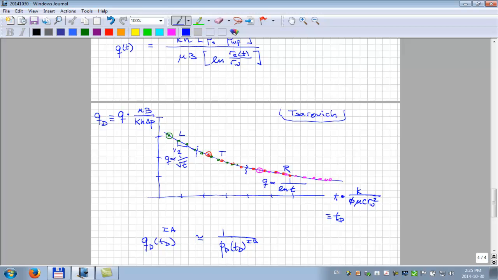And Fetkovich was the one who observed that, in fact, the linear flow solution for the radial well was the same as the linear flow solution for the vertical fracture well, for practical purposes. Same solution could be used.